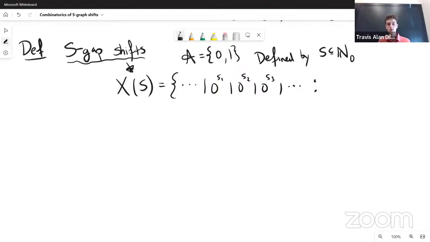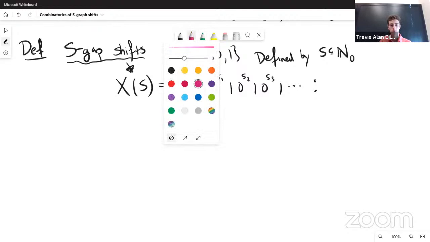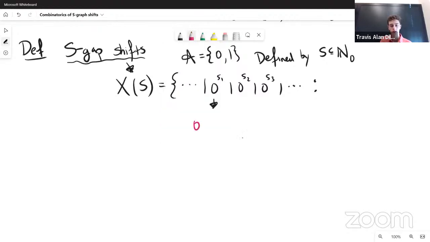So this notation 0 to the S1 really just means S1 consecutive zeros in a block. It's just an abbreviation for concatenation. So you've got S1 zeros between ones, and then another S2 zeros, and then one, and S3 zeros, and then one, and so on.